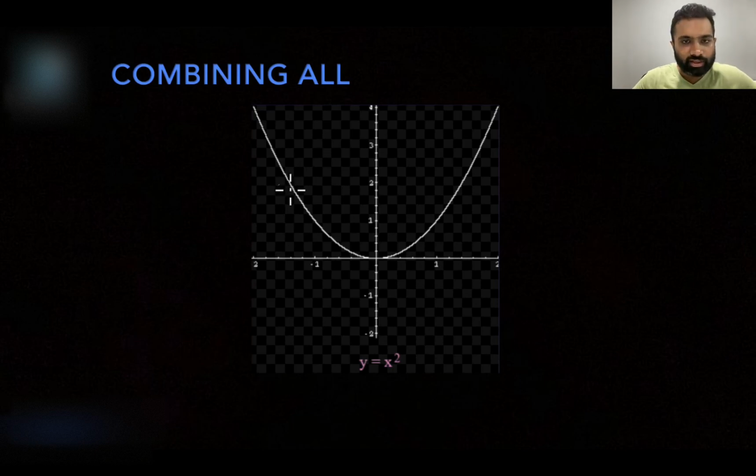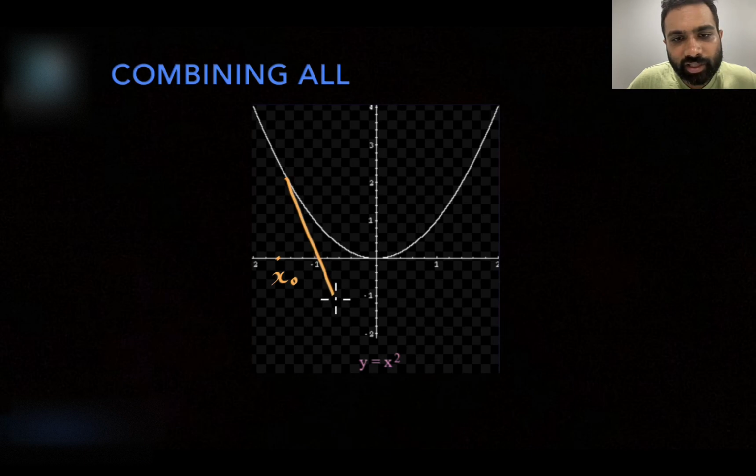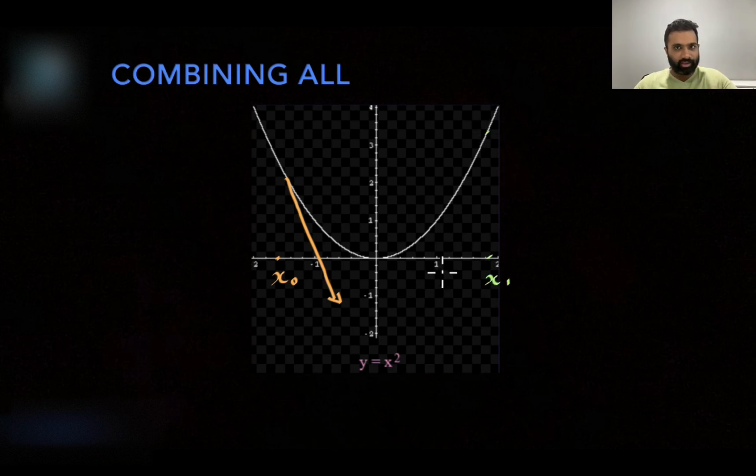So let me take one point x0 and let me draw a line. The tangent line at x0 will be somewhere here, so I have drawn this tangent at x0. Okay, so this is one thing. Now let me draw two things. I take two points, x1 here and x2 here.